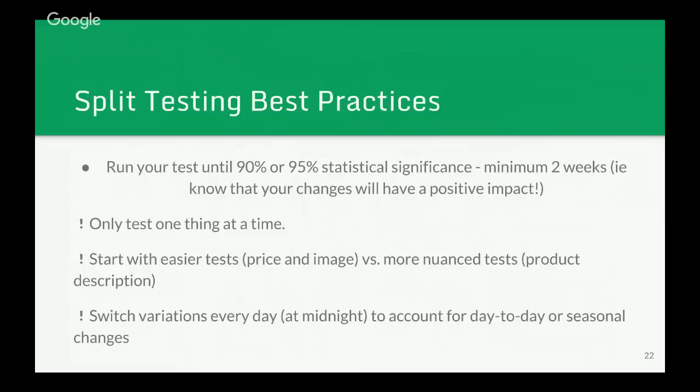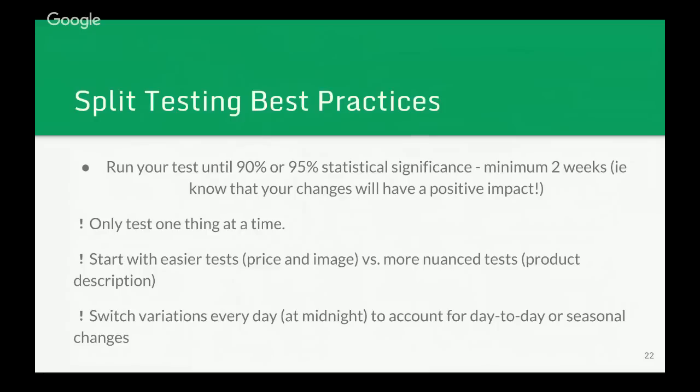It depends on two things: how much data we can get, and how different you make your variants. If you do a large price difference, let's say one is $15 and the other is $19, you're probably going to get your test results quicker, because the difference between the two variants is so high.